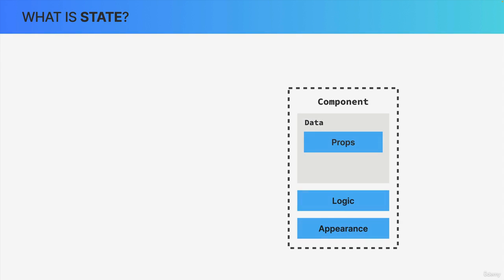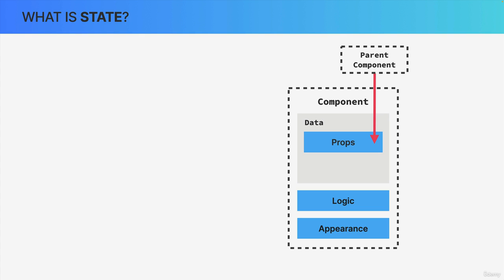So we have learned how to pass data into a component by using props, which, remember, is data that's coming from outside the component. But what if a component needs to actually hold its own data and also hold it over time? Also, what if we actually want to make our app interactive, changing the UI as a result of an action?